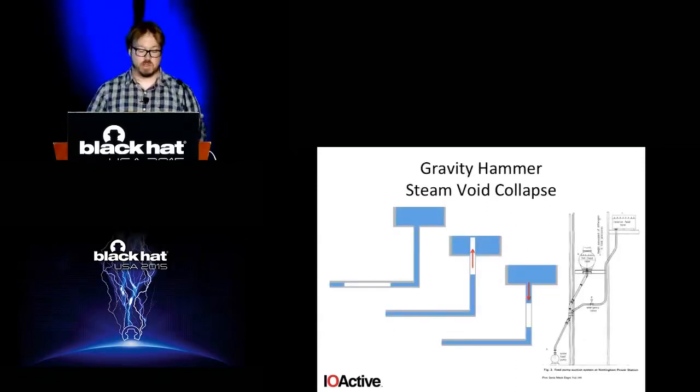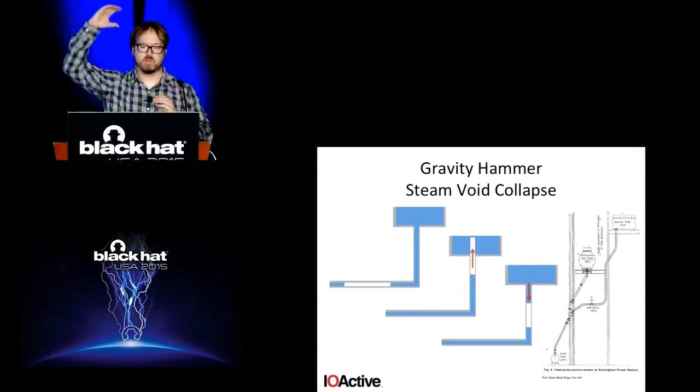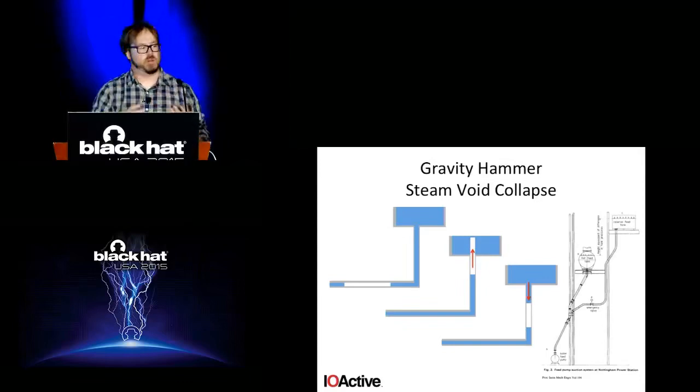So this is a gravity hammer or a steam void collapse. This actually happened a couple of times in a big coal plant. In this case, you've got a slug of steam inside of a liquid line, and you have cold water at the top and hot water at the bottom.